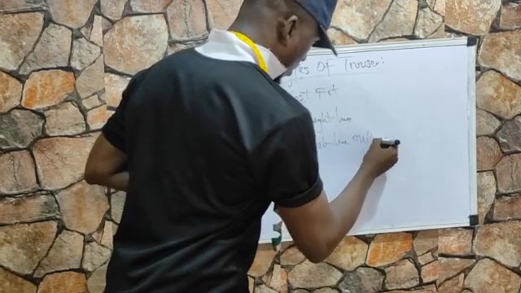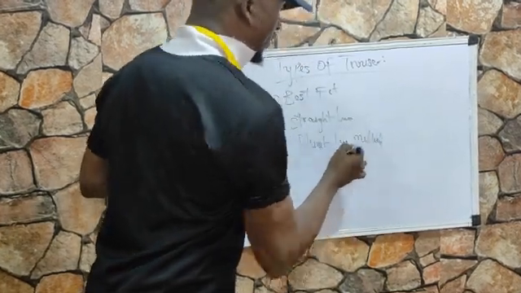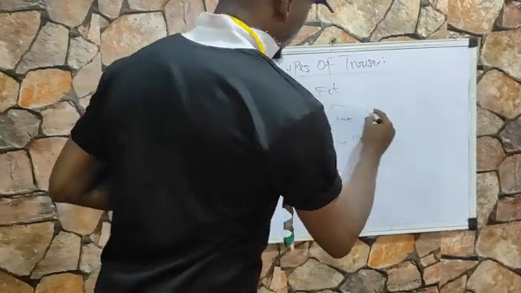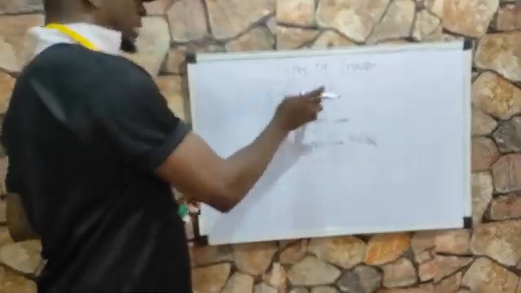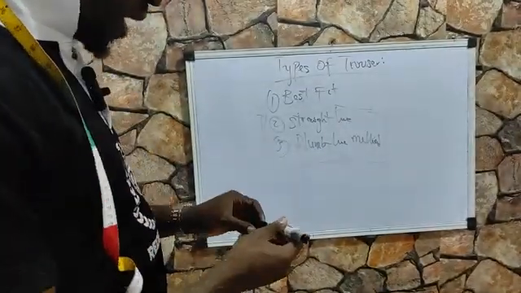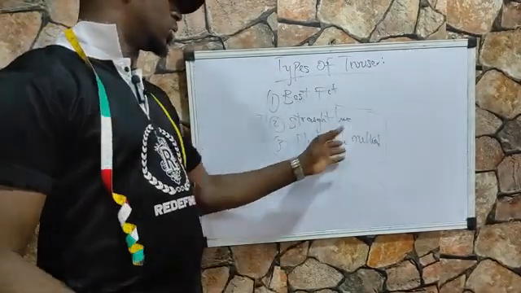Now it will be of interest for us to learn these two here. This one is close to this plumb line. So we are going to focus on the straight line method and the plumb line.